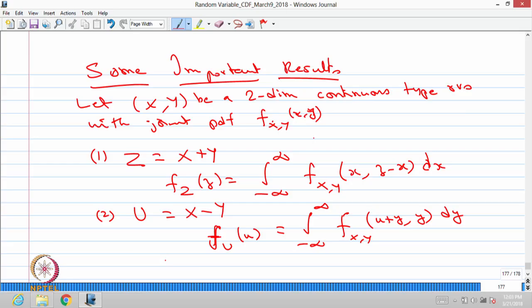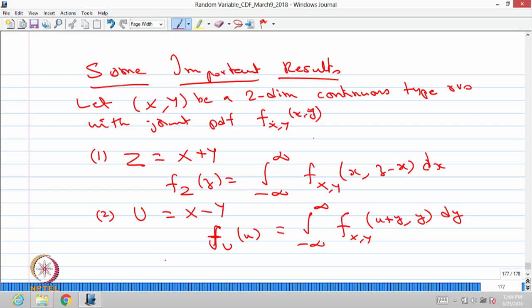So, here we started with the 2-dimensional random variable. We are finding the probability density function of a random variable Z. You can apply the previous theorem by introducing one dummy random variable. Dummy means you can create any random variable along with Z equals X plus Y in such a way that both the assumptions are satisfied and the Jacobian is non-zero.